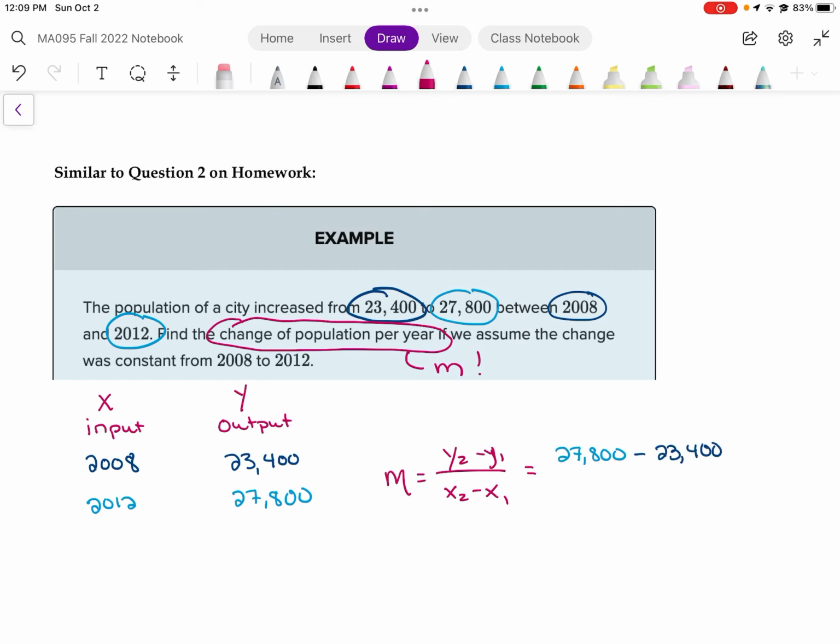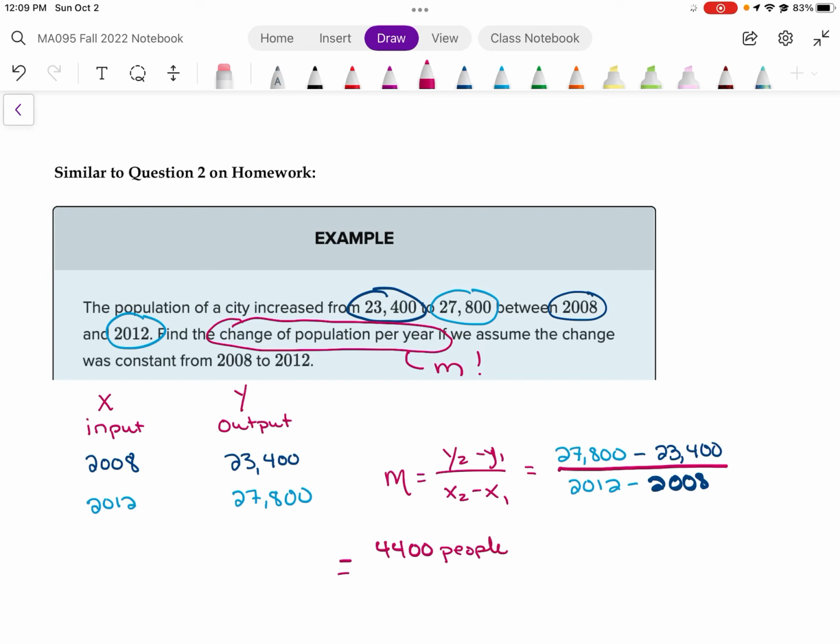This is all over the years, 2012 minus 2008. So we get the change in people is 4,400 people.